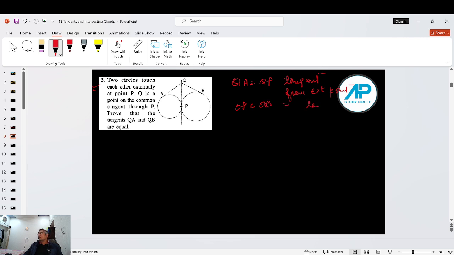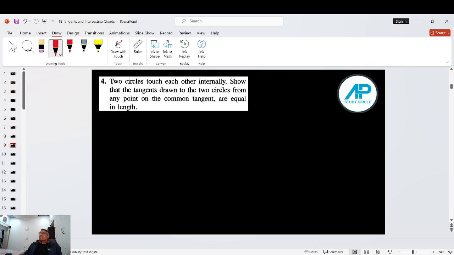Property, tangents from the same point. So from 1 and 2, QA equals QB. The question is proved. Right? Easier one? Okay.